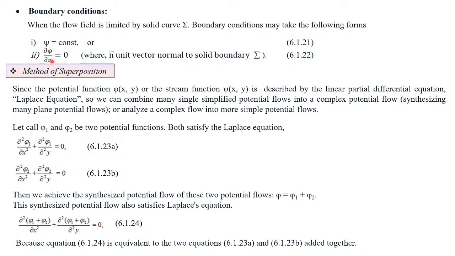This means the velocity normal to the boundary, the velocity un along n, equals 0. That means the flow cannot move inside the boundary. Okay.